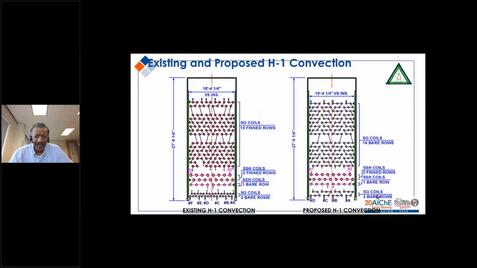And then in the steam generation section, I believe we used the lower section as bare and the upper section as finned later on, actually. Initially, we had done the simulation with all bare, but then since the steam generation was going down, we ended up using this bare and this finned. And by doing this, we were able to solve the problem.